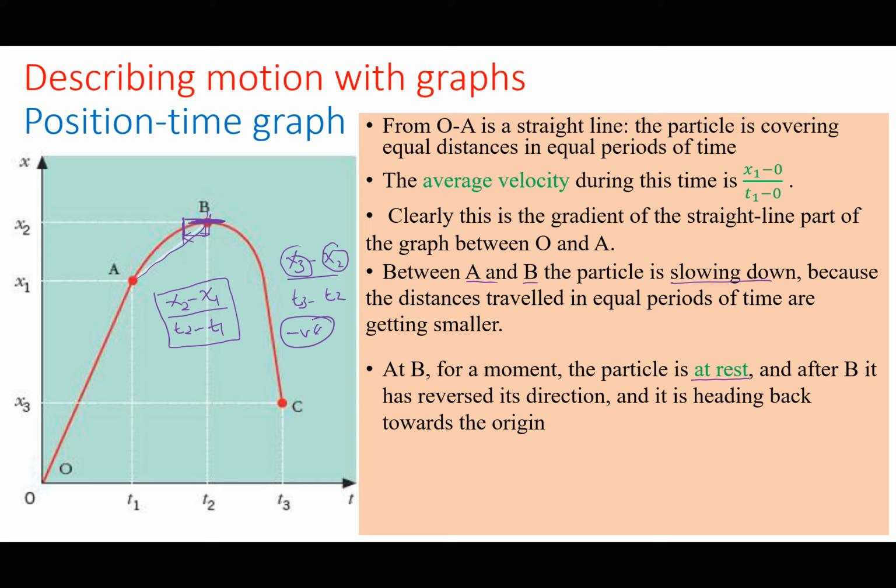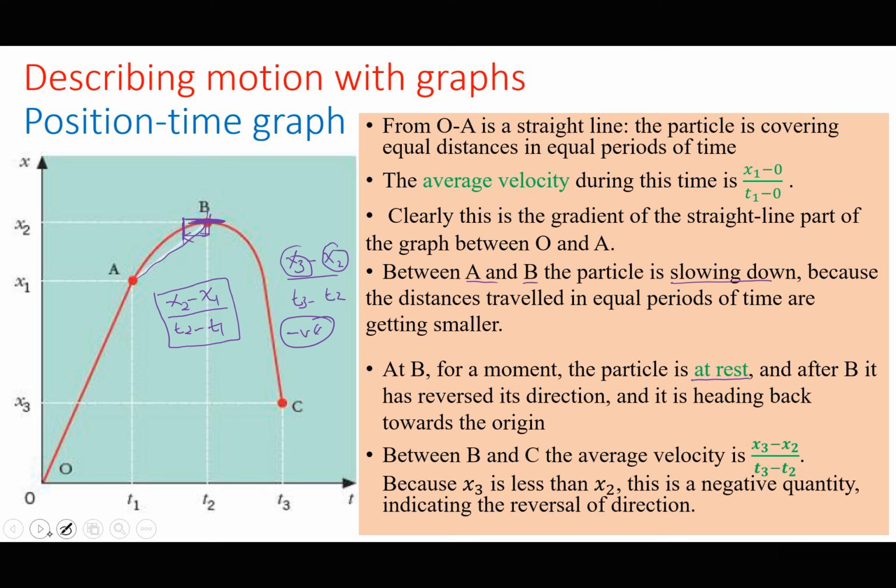Okay, so at B, we said the particle is momentarily at rest, and after B, it has reversed its direction and is heading back to the origin. It is heading back to where it started from. So between B and C, the average velocity is going to be x3 minus x2 divided by t3 minus t2.